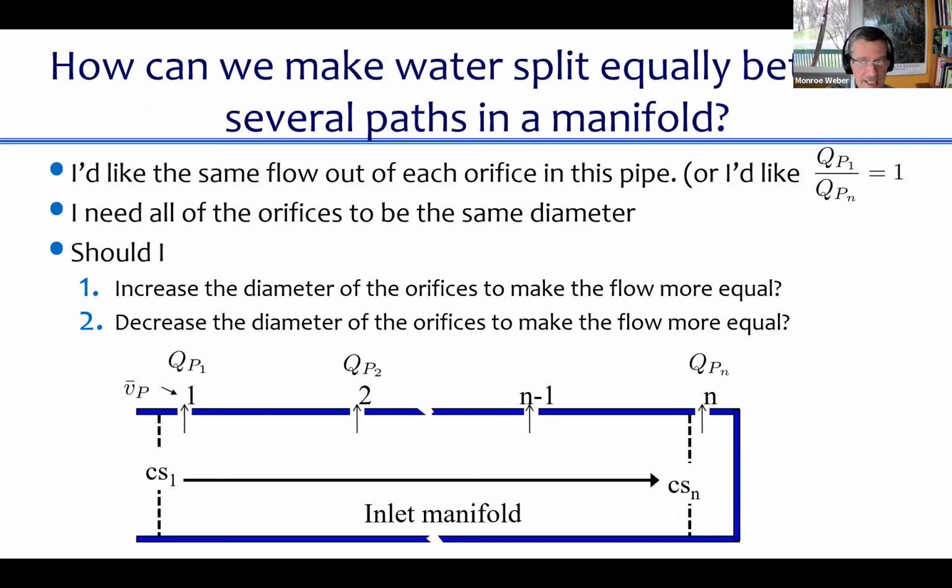So should I increase the diameter of the orifices to make the flow more equal between ports? Or should I decrease the diameter of the orifices to make the flow more equal? Let's vote.